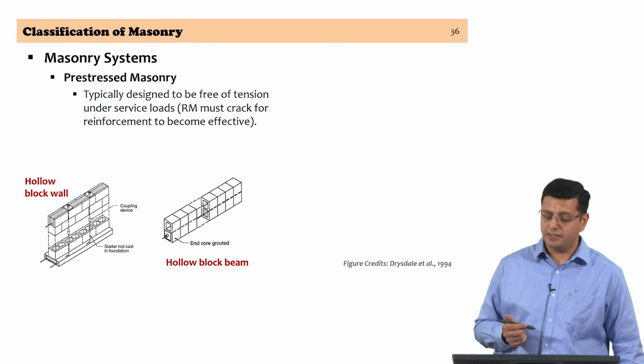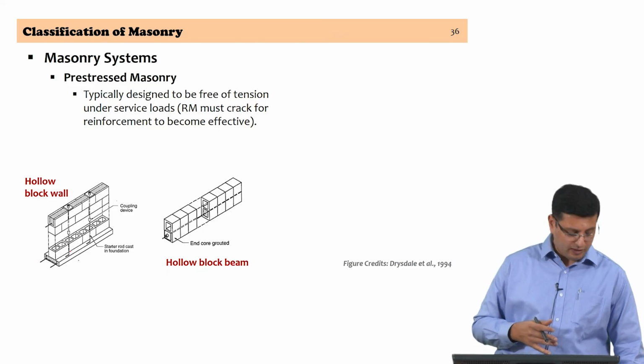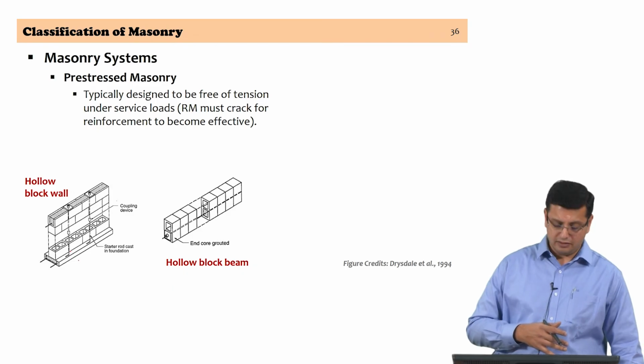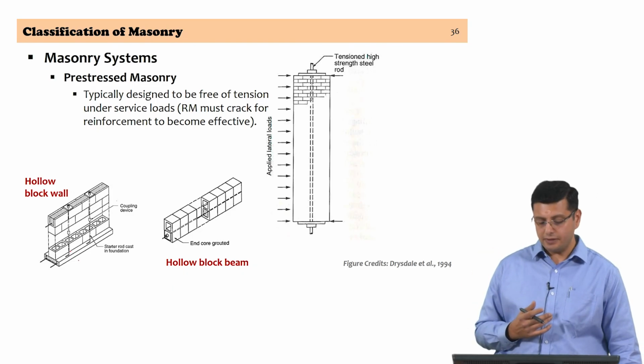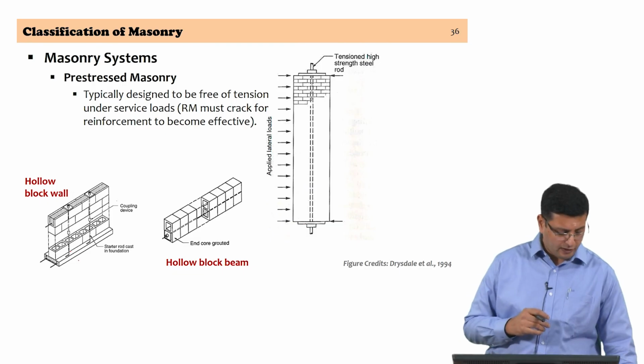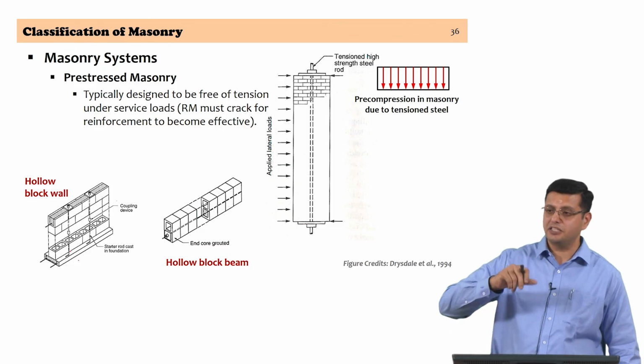Beams also can be created using such a system. However, this particular typology has not taken off because of several challenges. The fundamental notion here is you have pre-compression due to the tensioning in the steel.